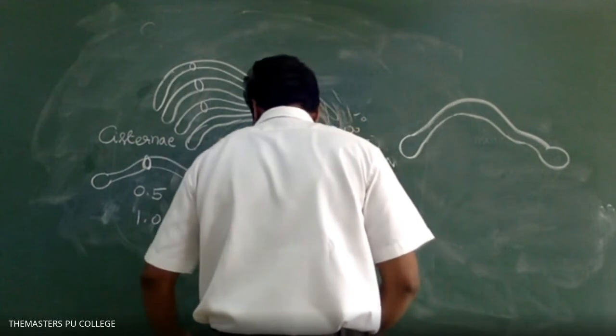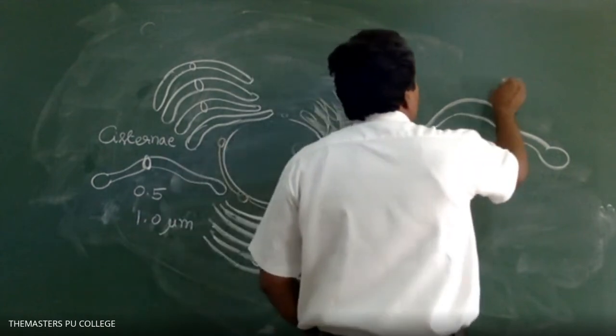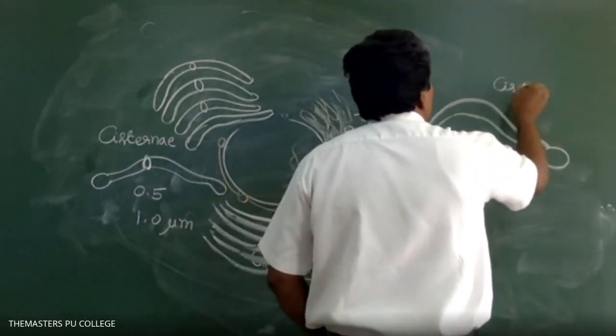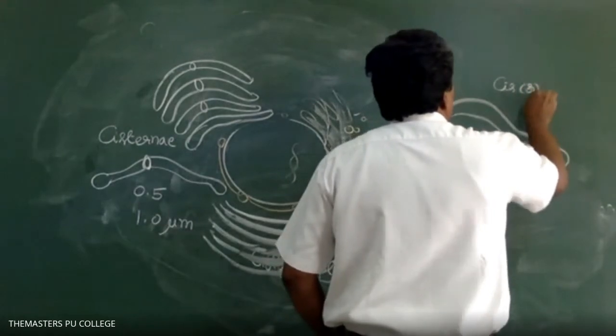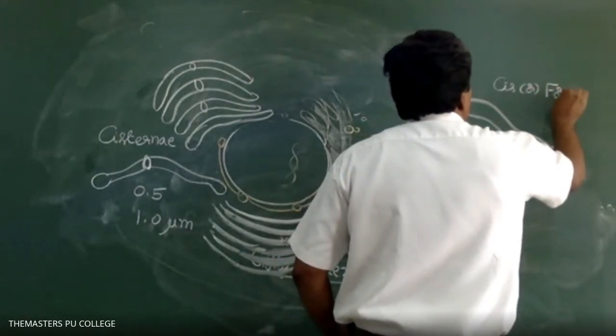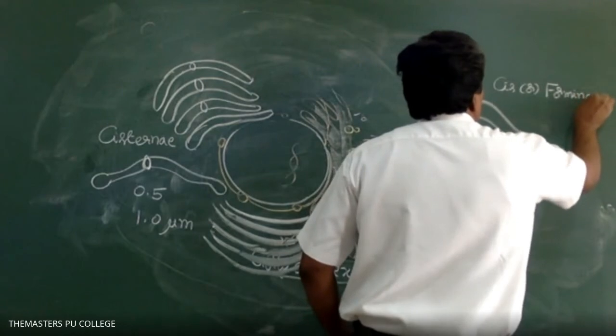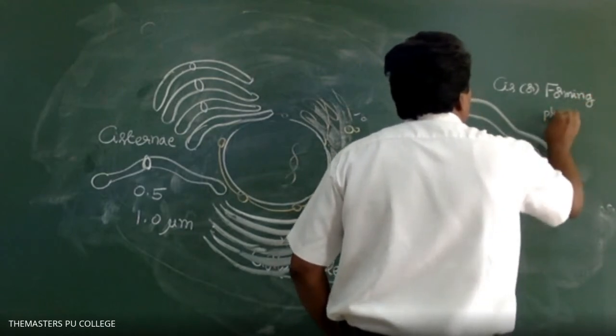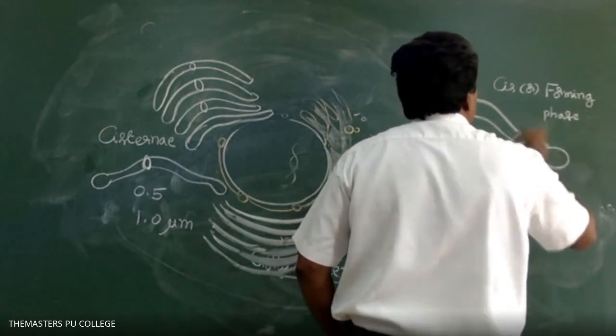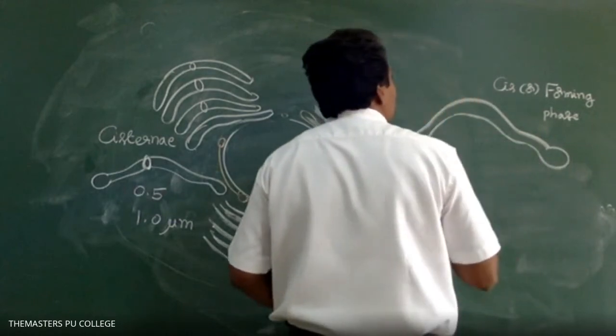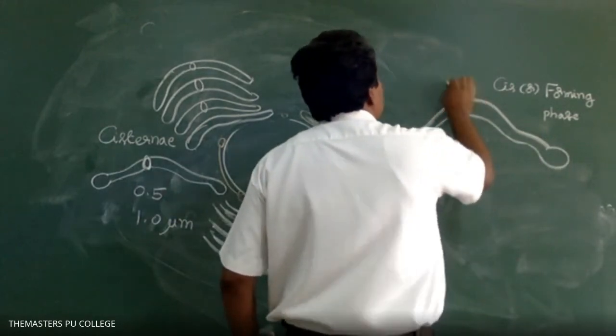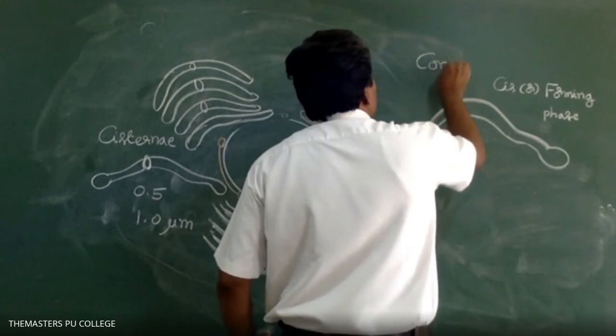One is the cis or forming phase. It appears convex in shape.